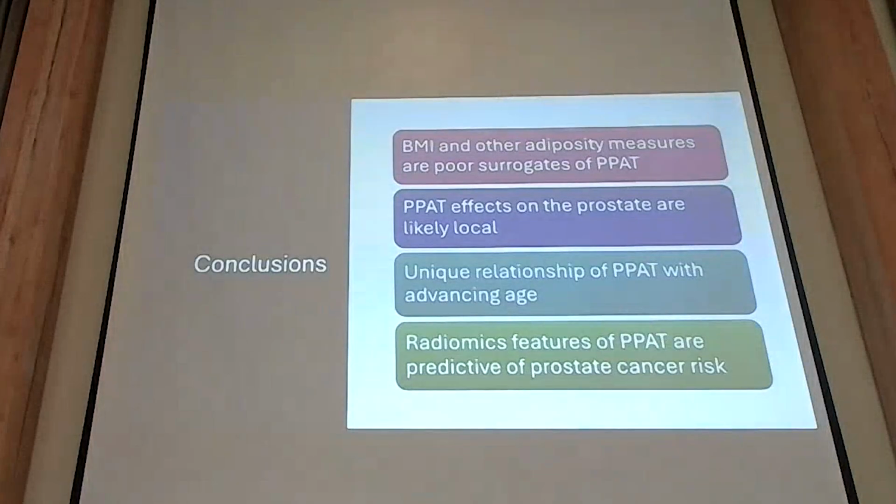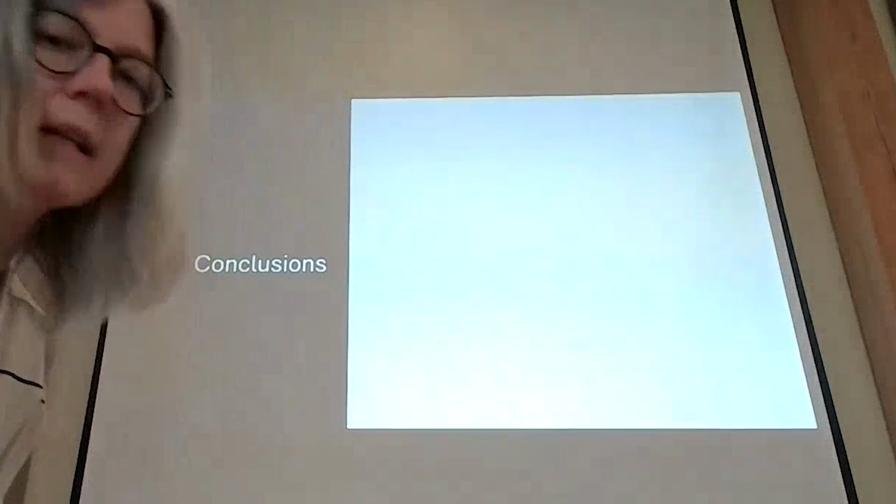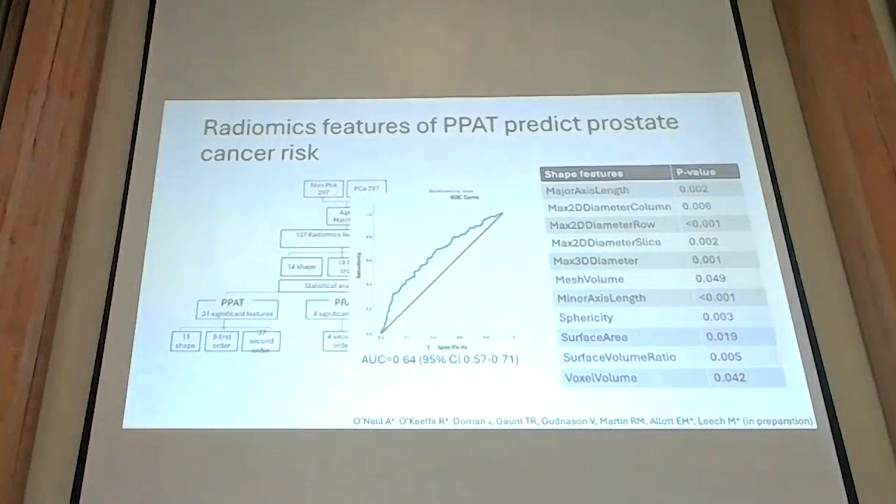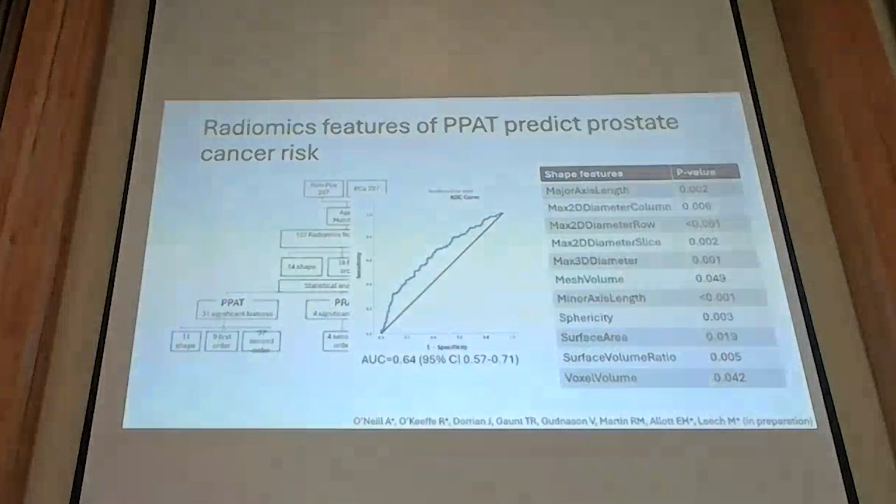And of course, you'll note that we're just looking at overall prostate cancer risk without having a grading stage in UK Biobank. What we did find is 31 significant features of PPAT that were predictive of prostate cancer risk. And I'm showing you the shape features just on the right there.